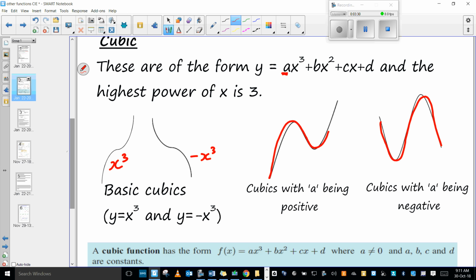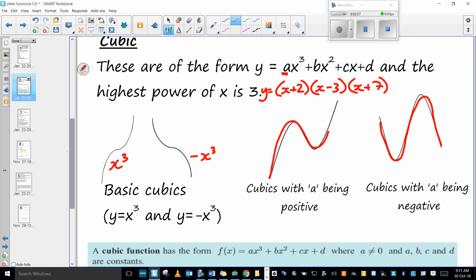Now your cubic could be written in factorized form, so it could be something like this. Similar principle to quadratic graphs. If this was my cubic, I would be able to tell where this graph crossed the x-axis. How would I know which values this crossed the x-axis?